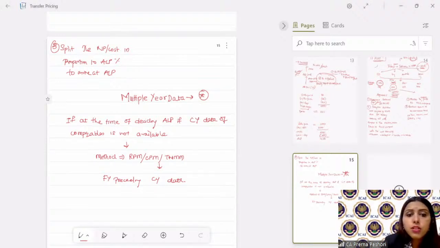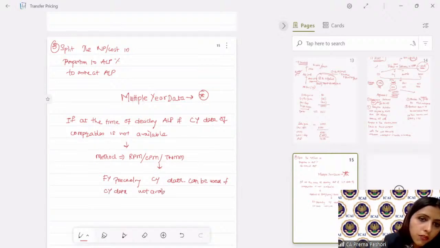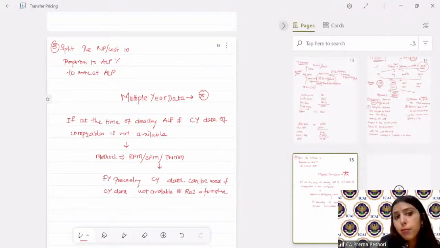So ideally you should be using current year data, but if it is not available and if the method is RPM, CPM, or TNMM, you can use the past year data.